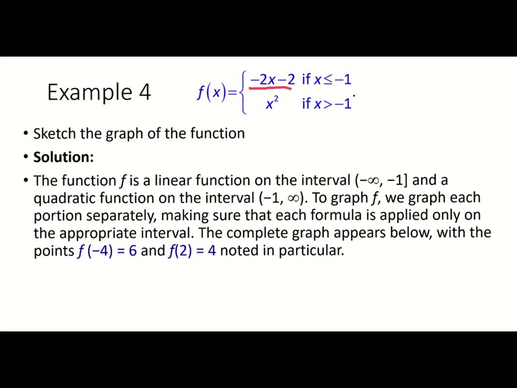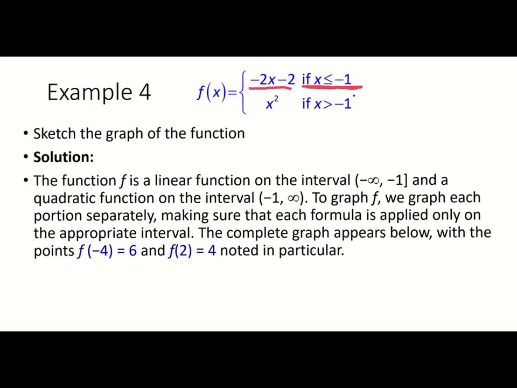And this function works if x is less than or equal to negative 1. What that means is for any value that you plug in for x, it has to be less than or equal to negative 1. So I can plug in negative 1, negative 2, negative 3, negative 3.5. It's undefined, or it doesn't exist, if I plug in values greater than negative 1.